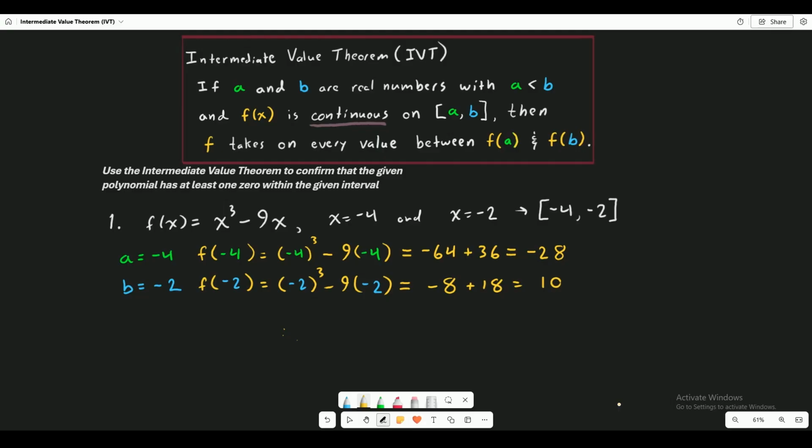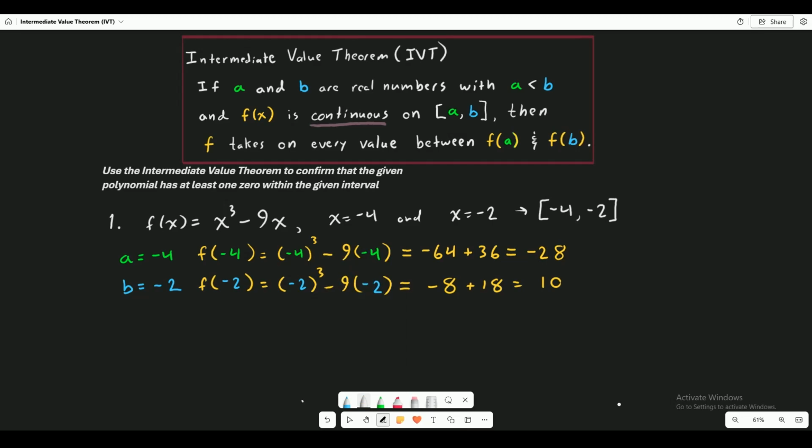Look at that. We went from negative 28 to positive 10. Right? Then that means we have negative 28 here and positive 10. That means that we had to go through a 0 at some point, maybe here, right? Which means that by the intermediate value theorem, there must be a 0.